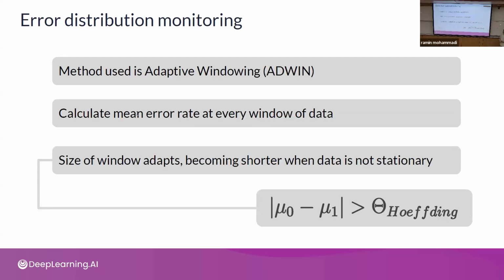Then there's another method which is adaptive windowing. So when you have data that comes like a time series and you want to be sure that you can monitor it as a time series analysis. In adaptive windowing, you define a time window, let's say 1 hour. And what you want to do is compare every adjacent window together. So you have the previous window and the current window.